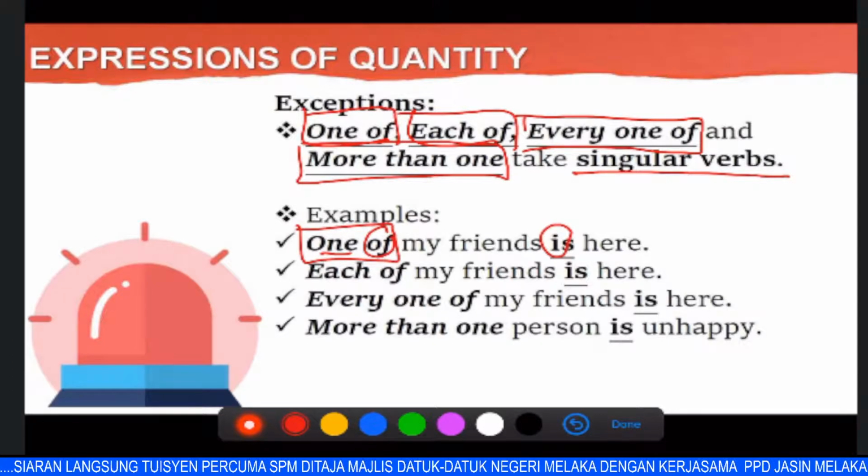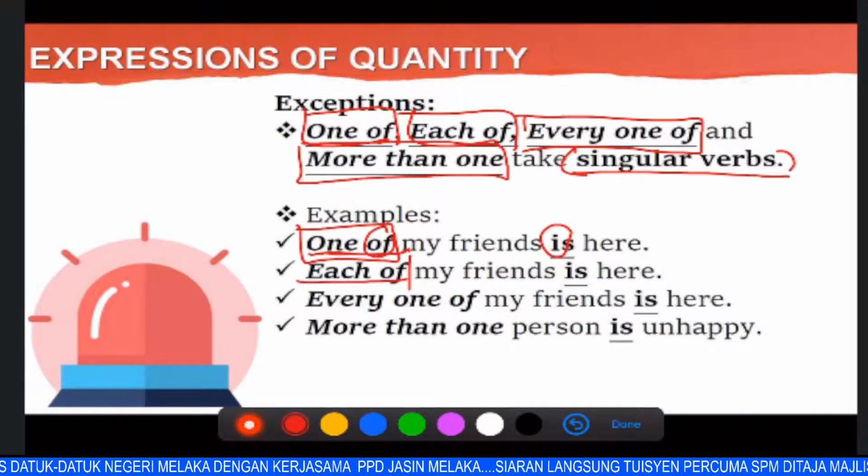Second example, each of my friends is here. I basically use the same example. It's just that I change the expression of quantity in front. Each of, again, refer to the rule.